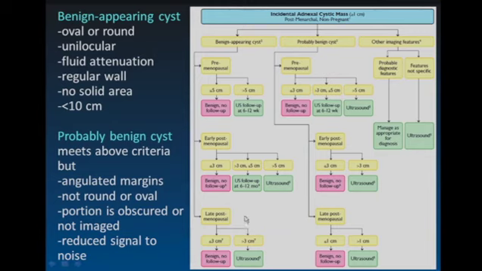A portion of the cyst or mass is obscured and not imaged, either because of coverage issues, meaning that the scan didn't cover all of the mass, or because of streak artifact from, for example, metal prostheses of the hip that can obscure portions of a mass. And finally, if there's reduced signal to noise due to low dose technique or lack of IV contrast, if any of these features or criteria are present in addition to these, then you would call it a probably benign cyst.